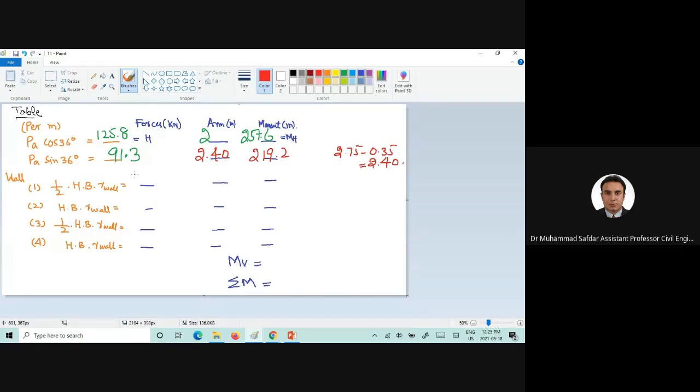I have done the calculation here. It's half into 1.05 into 6 and into the 23.5. So this is the height and this is the width, okay? I would say wall because they haven't specified it.